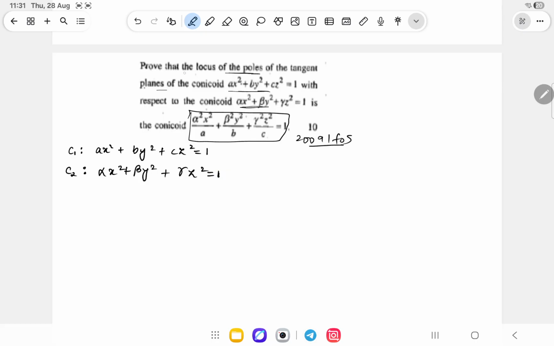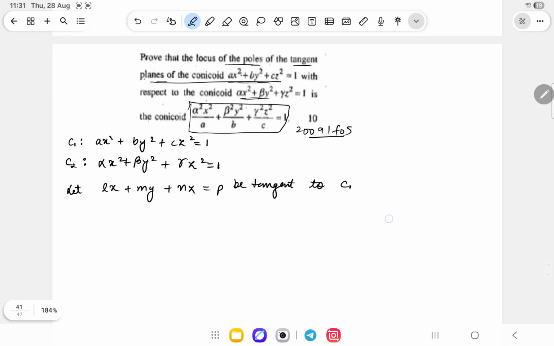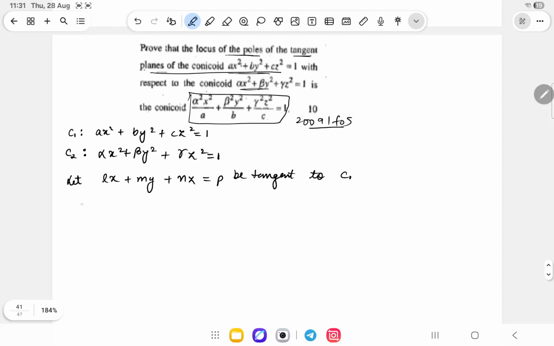The question says the locus of the pole of the tangent plane to this conicoid. So let us assume Lx plus my plus nz equals p be tangent to conicoid C1. Then using the tangency condition I'll get L square by a plus m square by b plus n square by c equals p square. Let us name this equation as star.